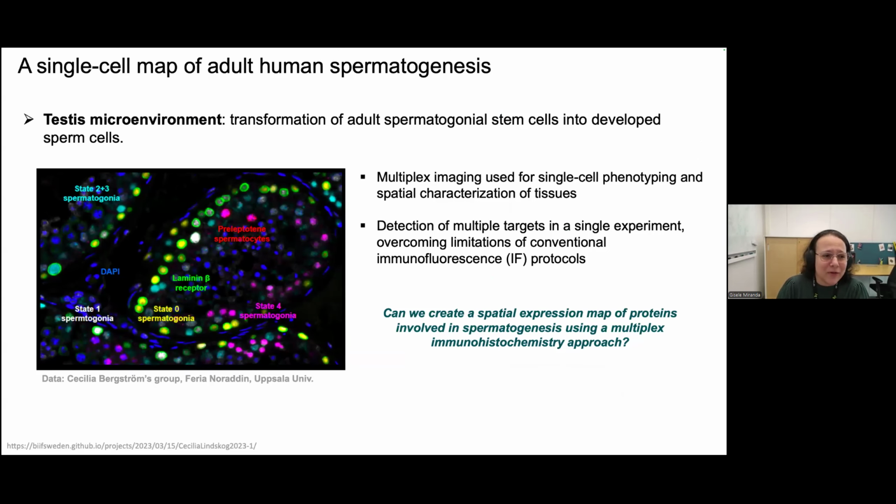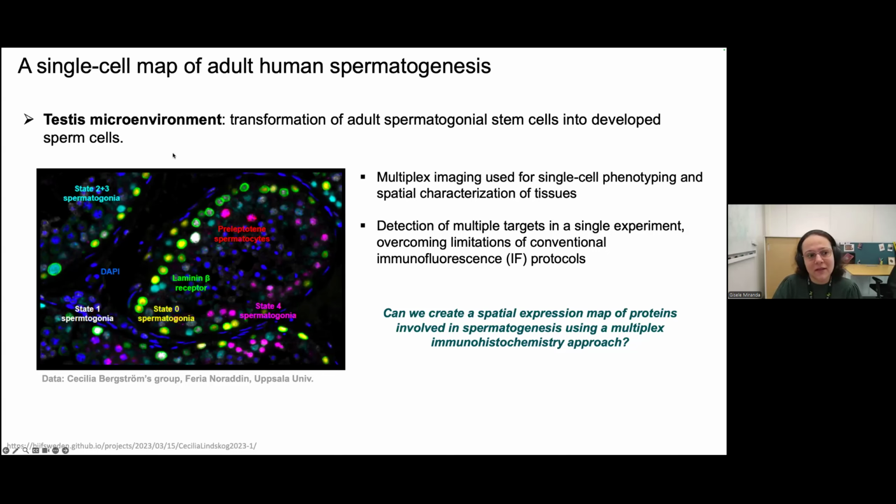This is the last example, just to give an overview: here's the example of multiplexed imaging. And here we wanted to track the expression of specific proteins associated with the transformation of adult spermatogonial stem cells into developed sperm cells.